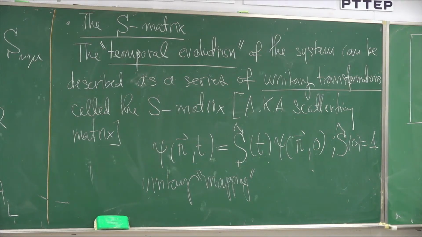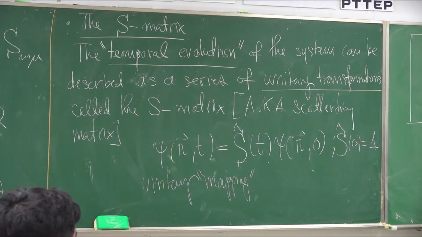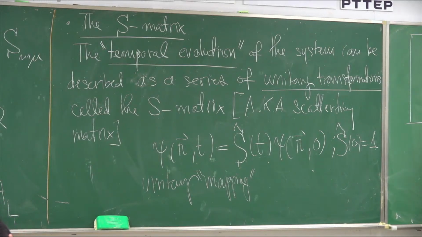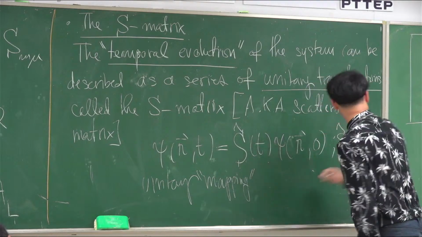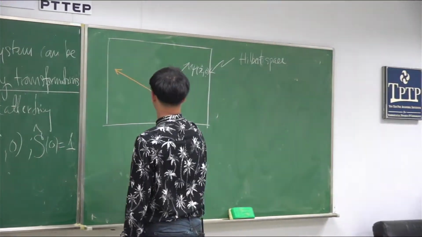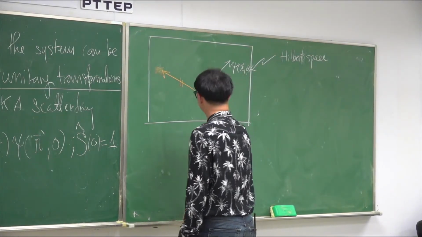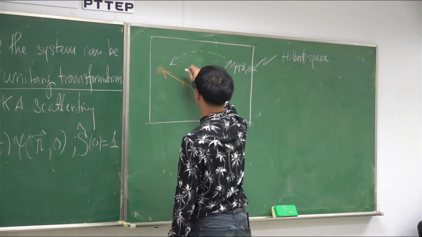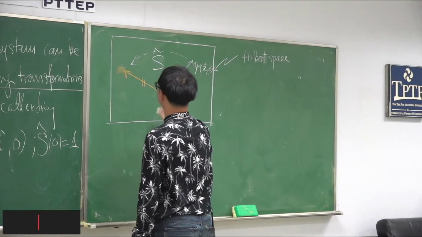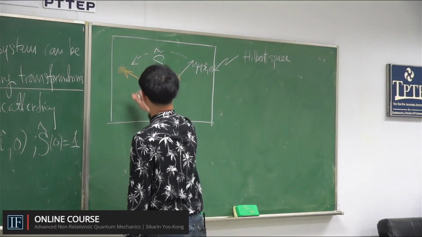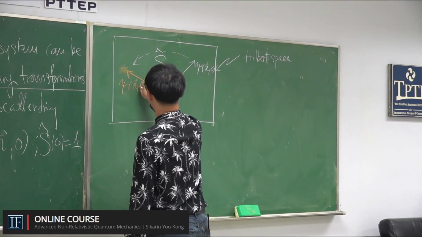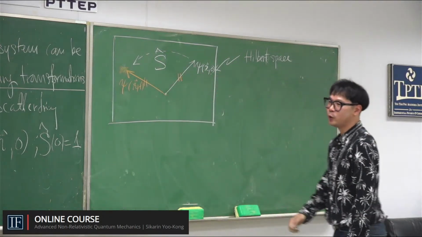So suppose you have a vector, and under this mapping it maps to a new state, right?